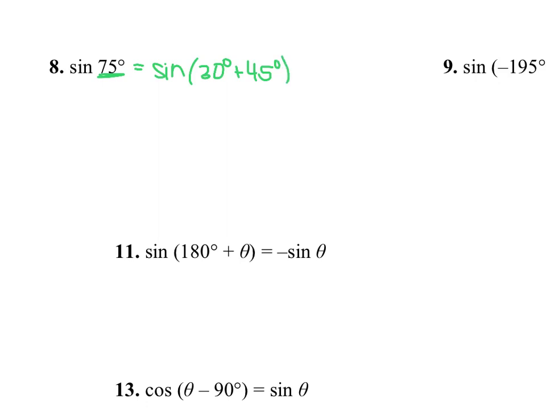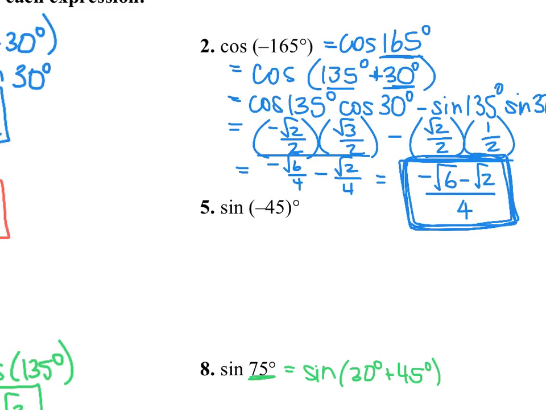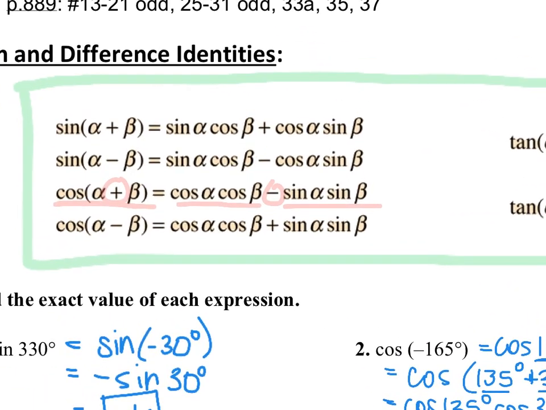All right, so for sine, my sum formula up here tells me that if I'm adding, I'm going to go ahead and do sine cosine plus cosine sine. So those signs match when it comes to sine. They're opposite when it's cosine.